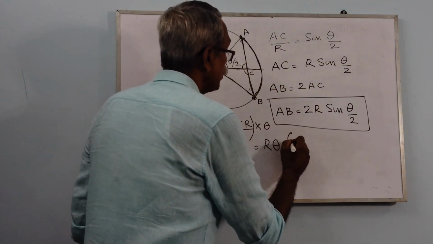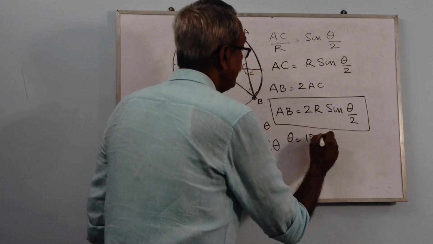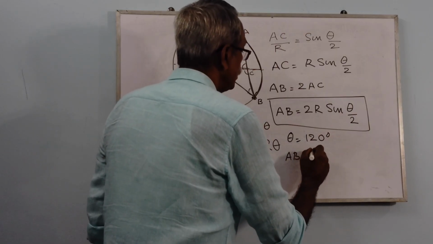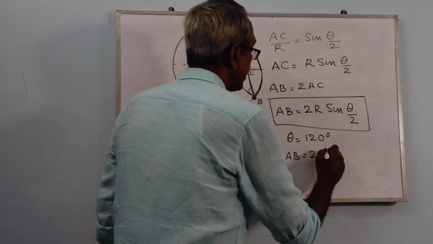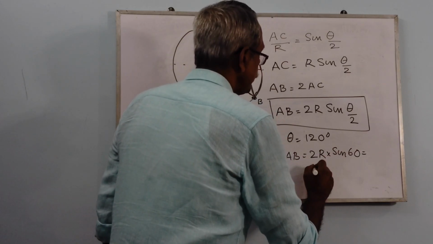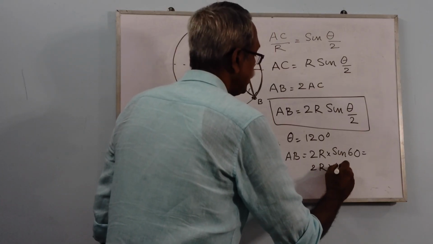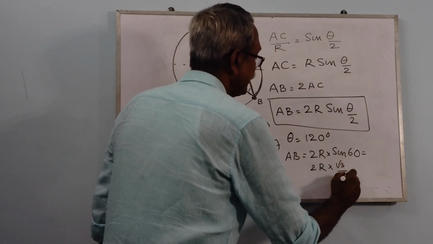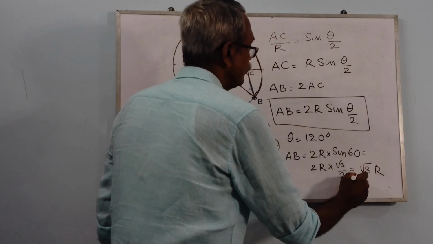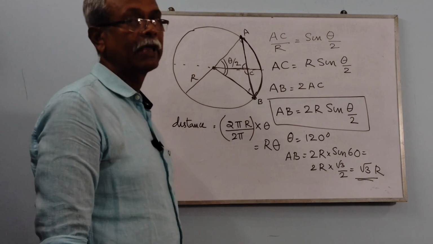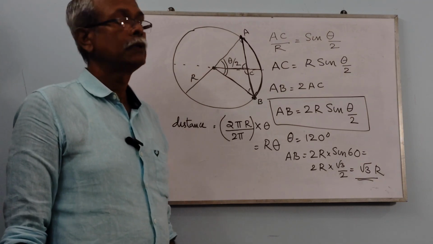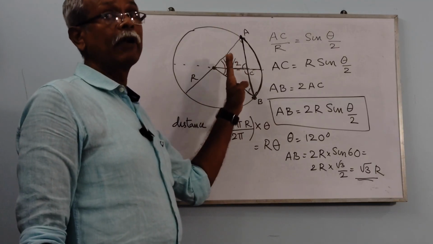If theta is given to be 120 degree, then your AB will be equal to 2R multiplied by sin 60, which is 2R multiplied by root 3 divided by 2, which is equal to root 3R. So we can calculate the values for any angle given.